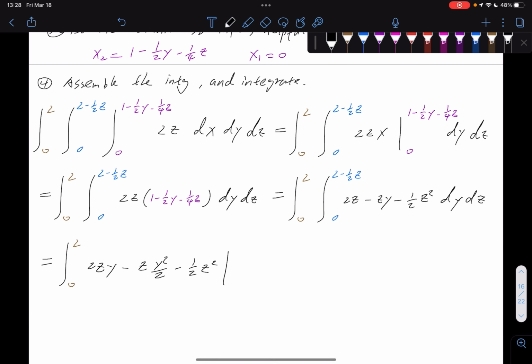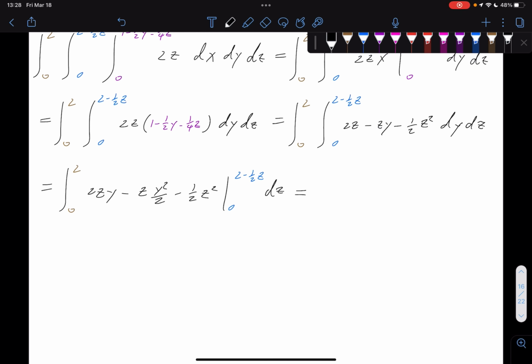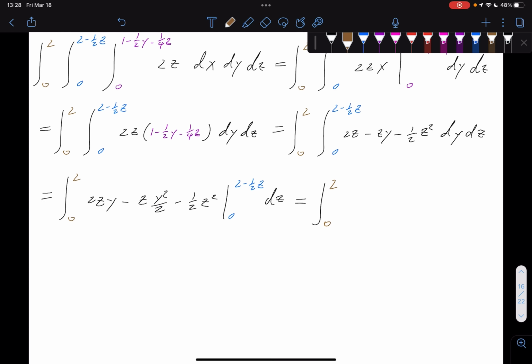Sorry, it's from here to here. dz equals to, from 0 to 2 minus 1/2 z. So wherever I see y, I should substitute.